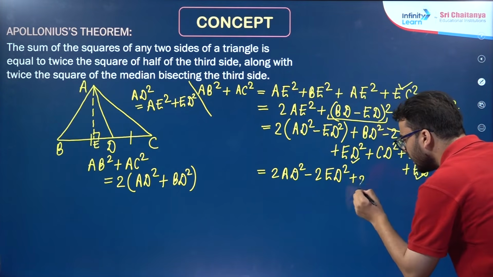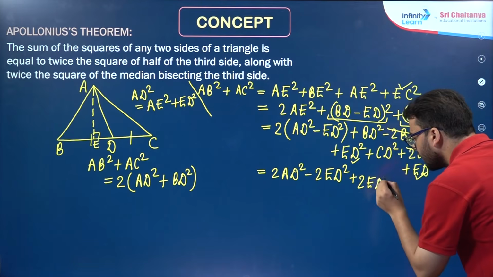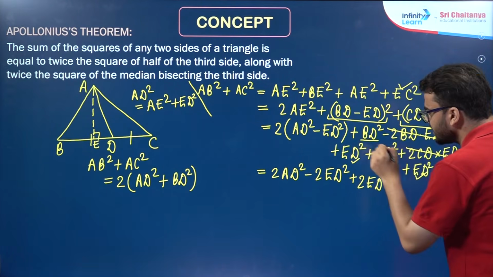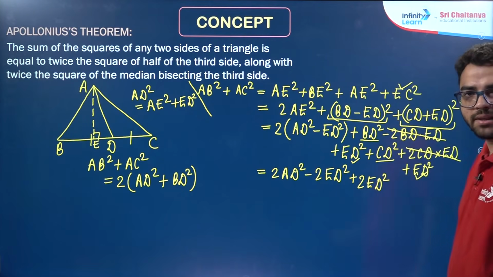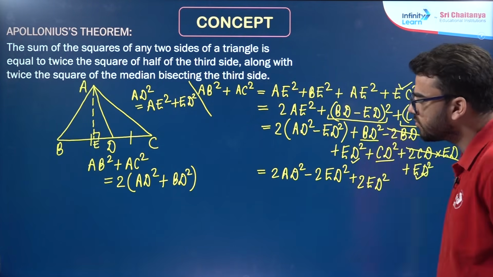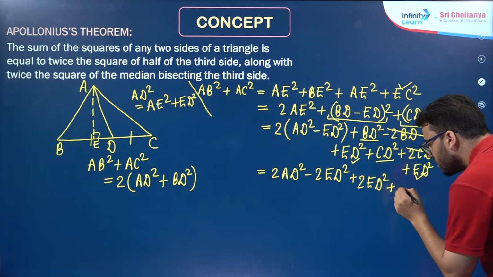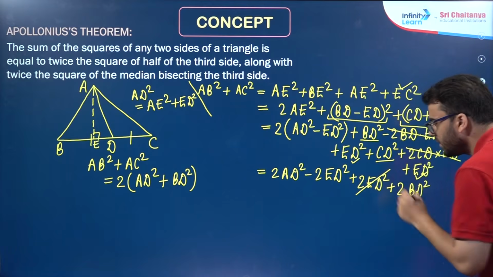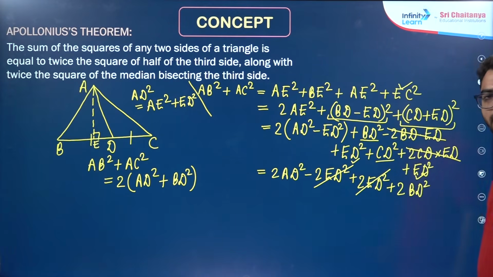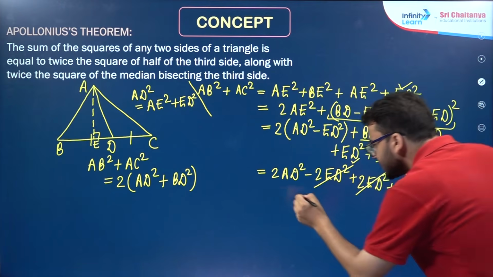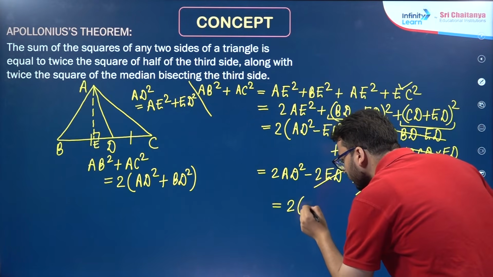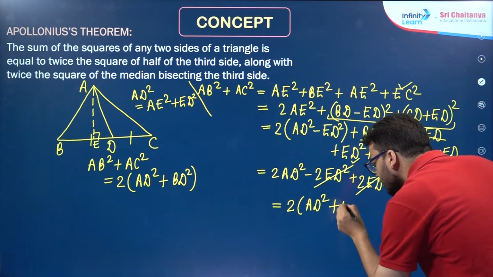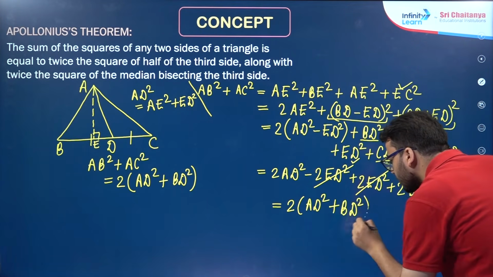And then CD square is there and you have got BD square as well. They both are equal because BD is equal to CD. So we can write 2 times of BD square. So plus 2ED square minus 2ED square can be cancelled out. So this can be written like this, 2 into AD square plus BD square. So that is the proof of the Apollonius theorem for you.